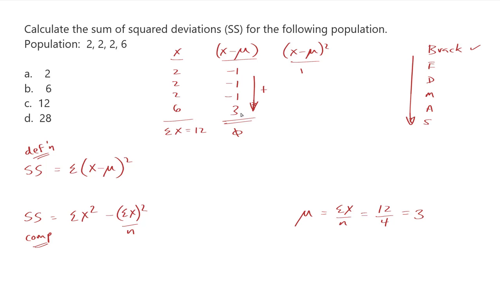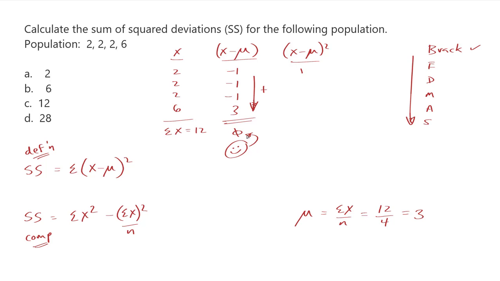This column here, your deviations, when you sum up your deviations, you will always get 0 if things are going well with your calculations. So using the definitional formula takes a little bit longer, but it does give you this ability right here with your very first set of calculations to check and see whether or not you're getting 0.